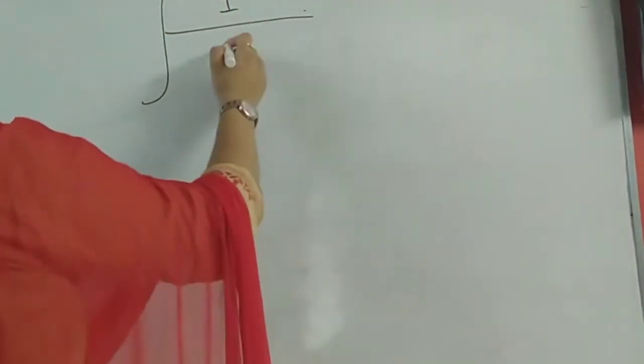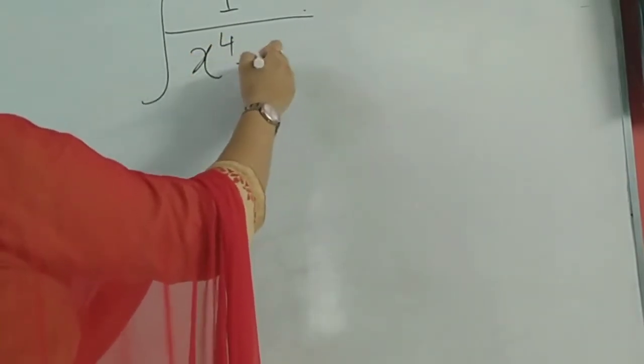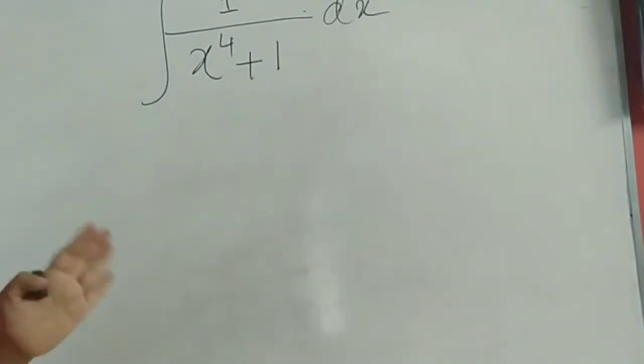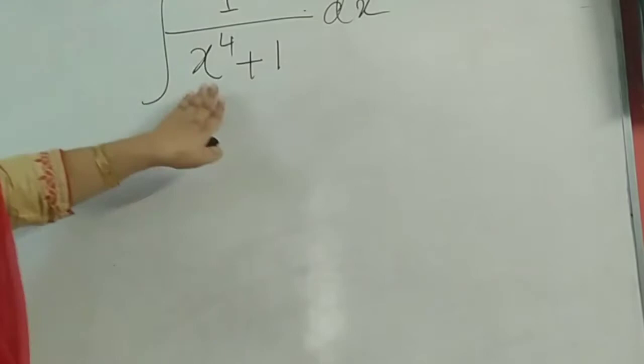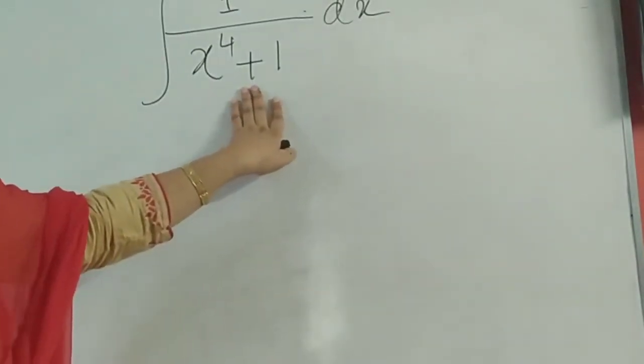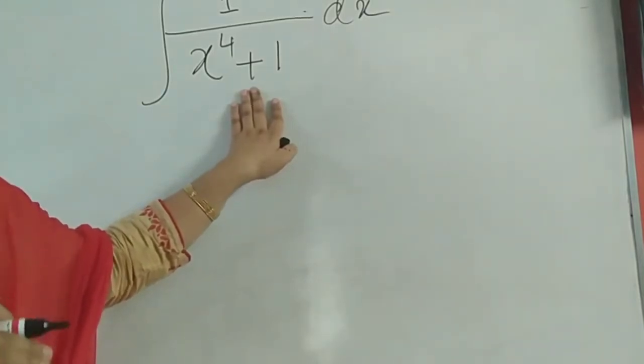Now I want to discuss this particular problem. See, integral of dx by x to the power of 4 plus 1. Now in this particular category, it is very important because we are not able to factorize this the way I did in the last problem.